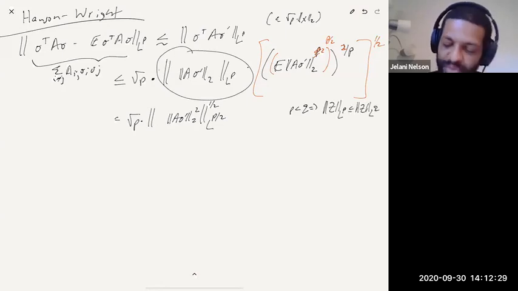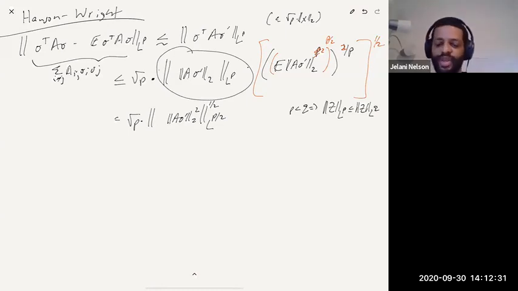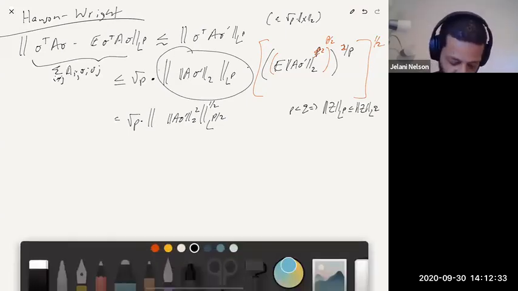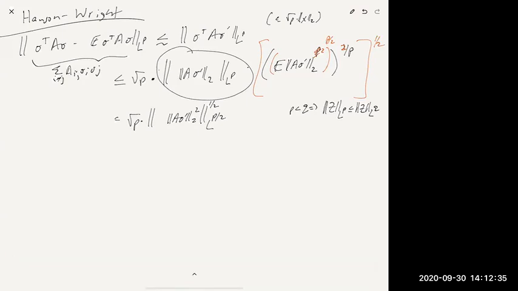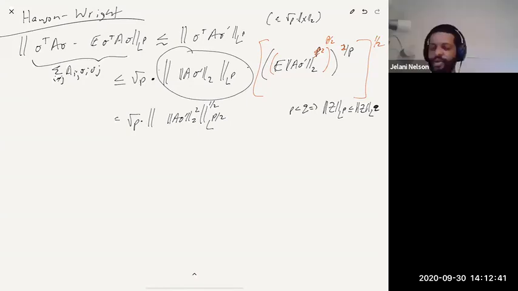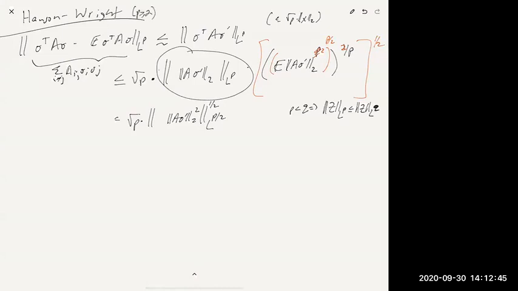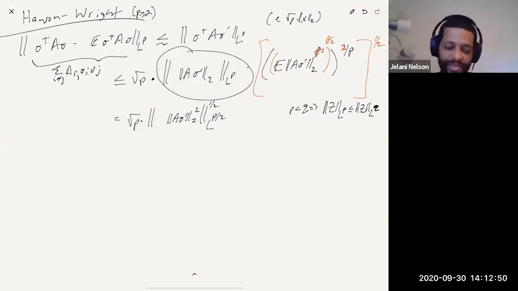This also follows from Jensen's inequality, and I have the proof in the lecture notes. You can take a look. It's not a hard proof, but let me not waste time in lecture doing it. Do we need P to be at least 2? Yes, you do need P to be at least 2. So let's do P at least 2, otherwise the P over 2 thing is not a norm.